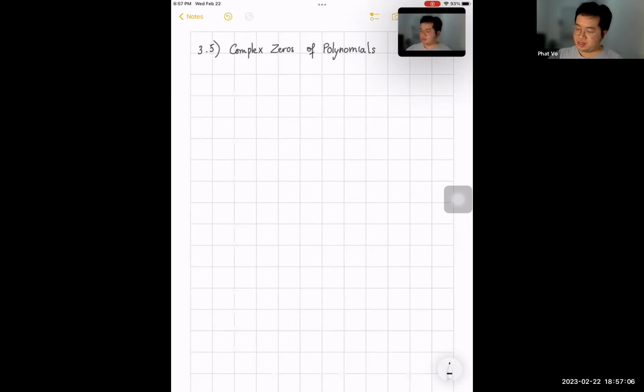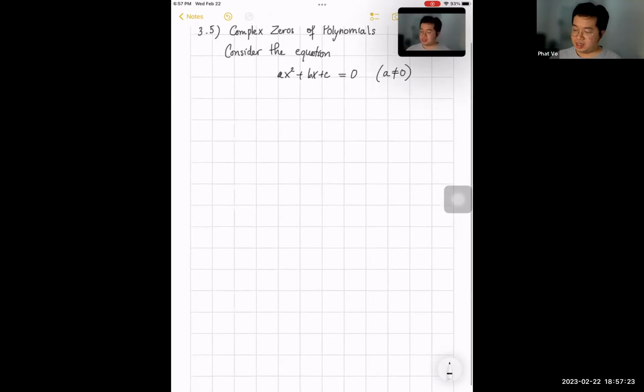Okay, so I start here. We consider the equation ax squared plus bx plus c equals 0, and a here is not 0. So the discriminant is b squared minus 4 times a times c, right?